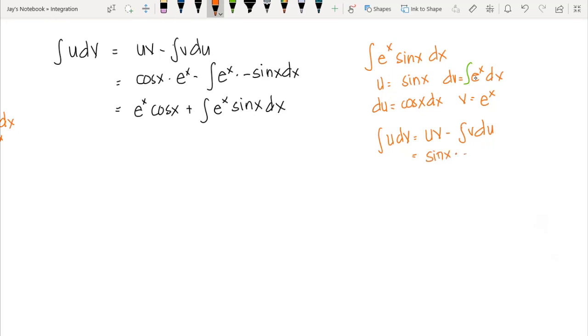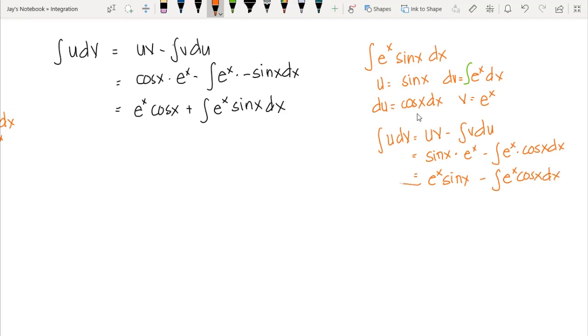Our v is e raised to x, minus the integration of our v, that is e raised to x, our du, that is cosine x dx. Or we could say that is e^x sine x minus the integration of e raised to x cosine x dx.